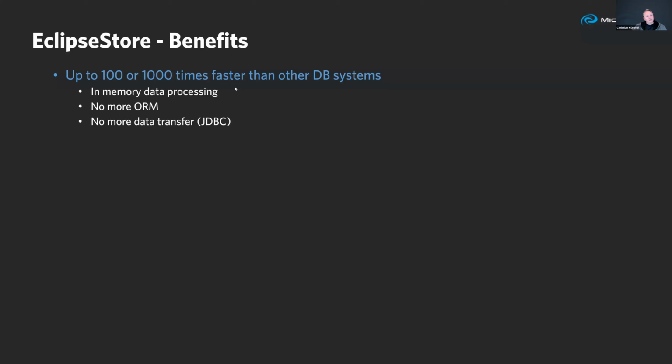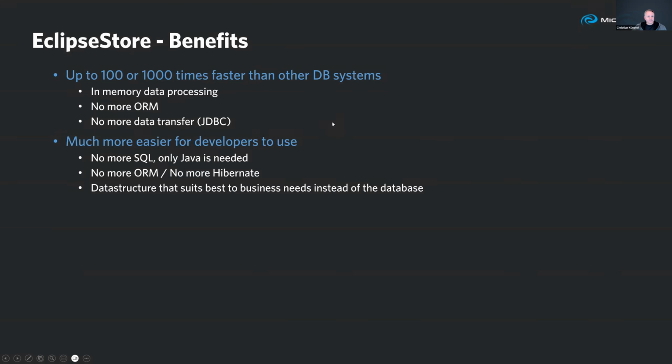So that's also why there is no more OR mapping needed. That makes EclipseStore faster than other technologies. And of course, there is no JDBC needed anymore. So that is the reason why. As far as I know, it is one of the fastest database storage systems on the market.